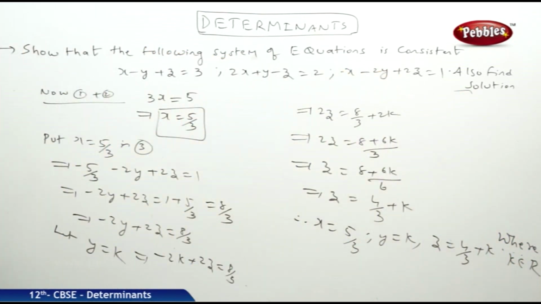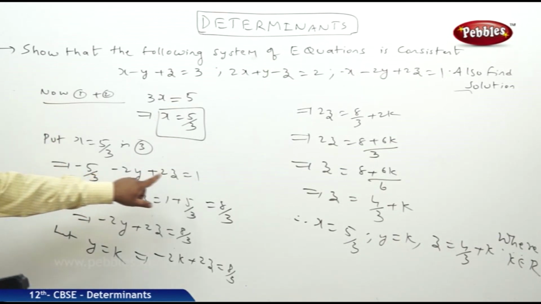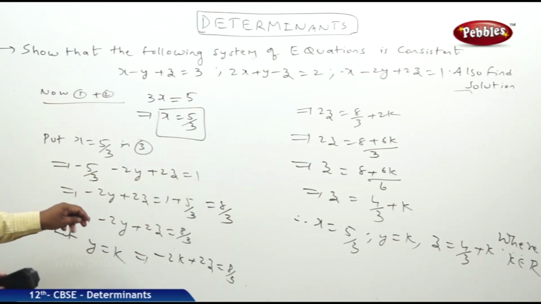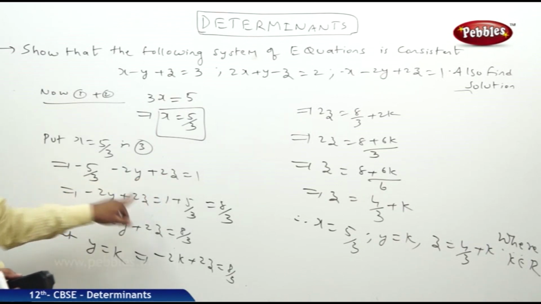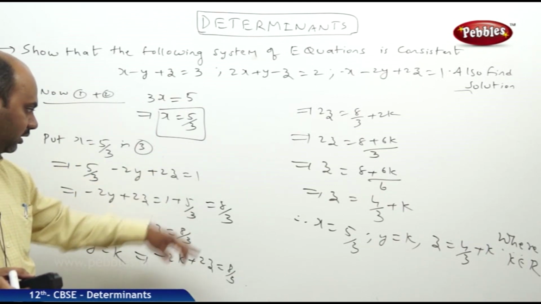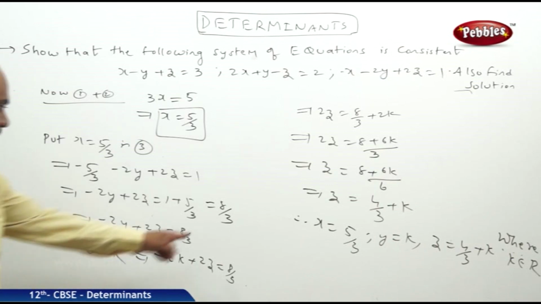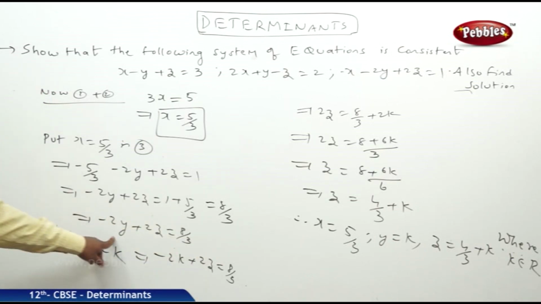We shall see once again. x is 5 by 3. We need to put x is equal to 5 by 3 in the third equation. Minus 5 by 3 minus 2y plus 2z equal to 1. So minus 2y plus 2z is equal to 1 plus 5 by 3, which is 8 by 3. I kept y is equal to k.